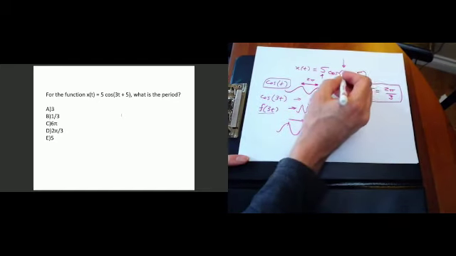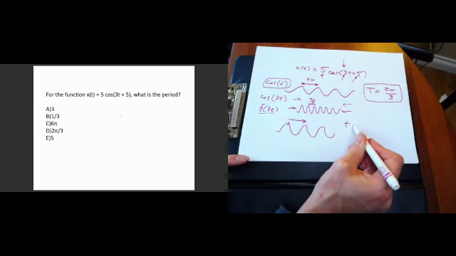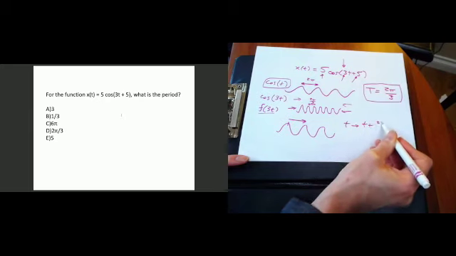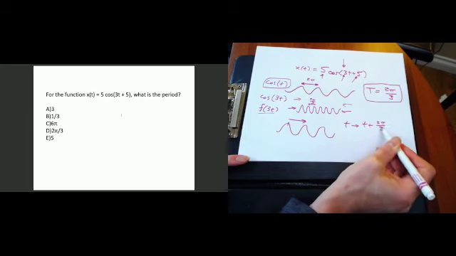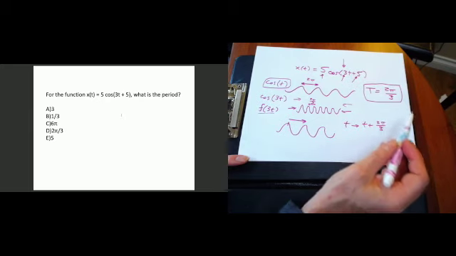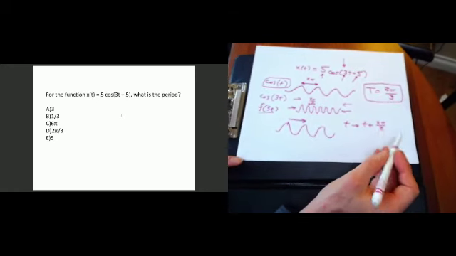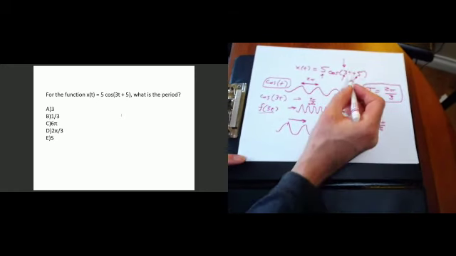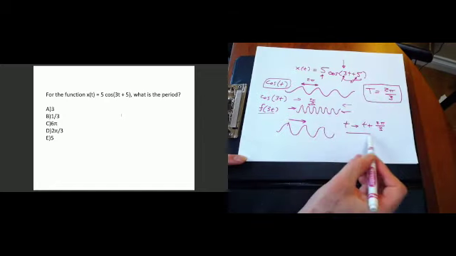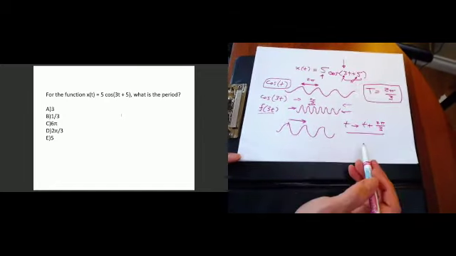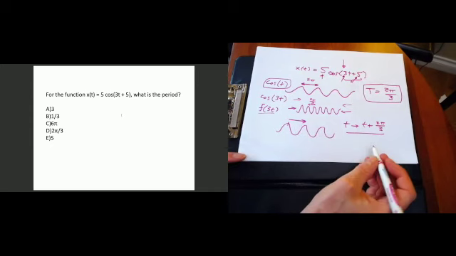With cosine 3t plus 5, you notice that if I take t and I add to it 2 pi over 3, then as I make that substitution, the inside of the cosine just adds on 2 pi to what we had before, and so the cosine goes back to itself.